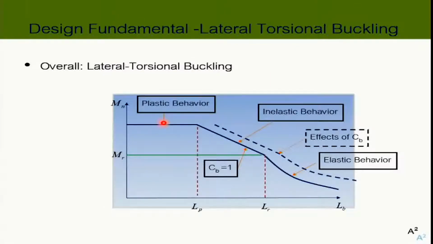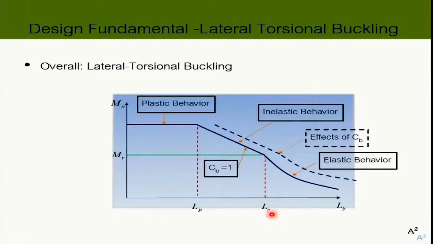So if you can provide an unbraced length for your beam that is less than Lp, you are guaranteed to have the beam reach Mp, for sure. And again, the solution that some guy came up with a long time ago by using calculus is this, elastic behavior. And this will occur when your unbraced length exceeds Lr.